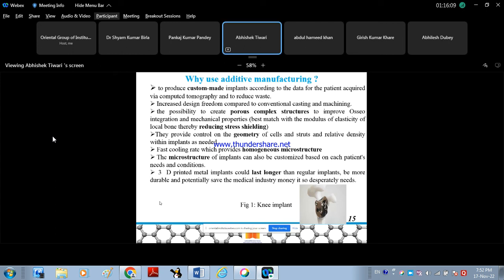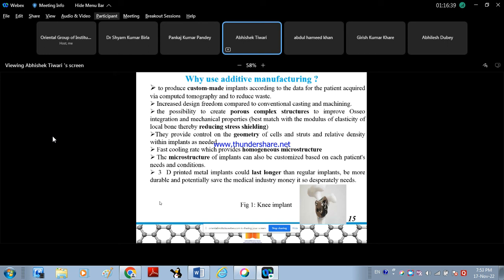No. We have to rewrite it as 10 raised to 3 degrees centigrade per 1 millisecond. That means in 1 millisecond the temperature is decreasing by 1000 degrees centigrade. This is a very high cooling rate, and it provides homogeneous microstructure. In conventional casting, generally the cooling rate is 100 degrees centigrade per second.